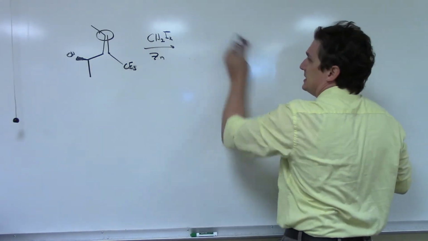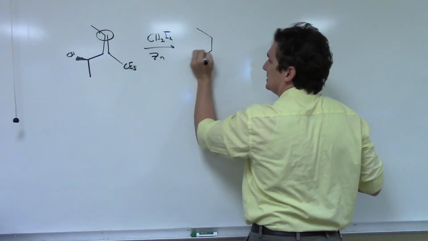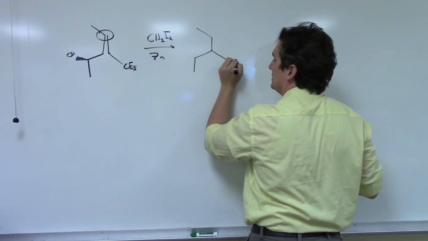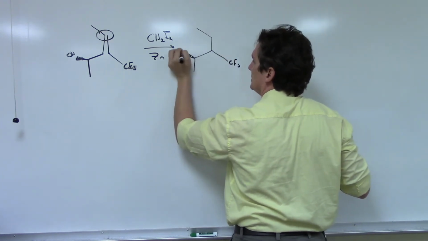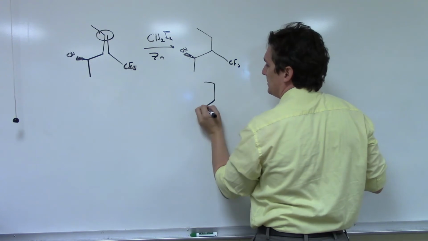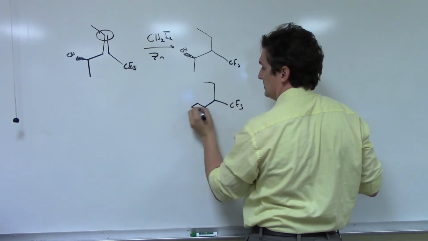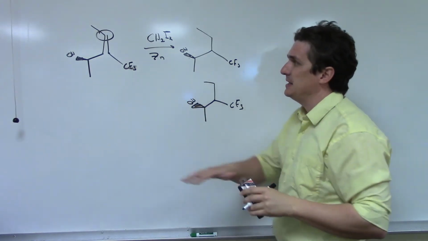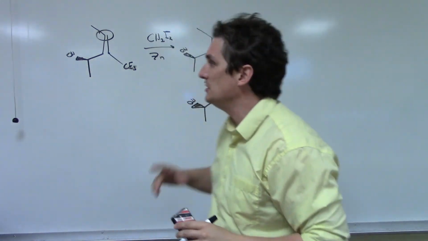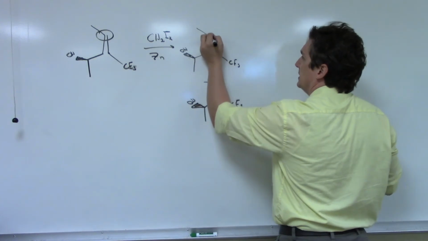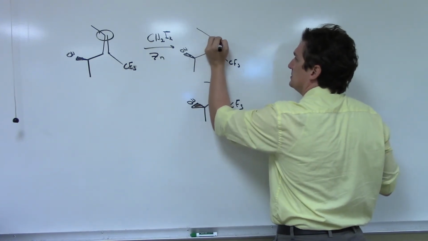But what I can do instead is I can just draw the starting alkene. And again, I'm recognizing I'm going to get both. So this still has the same RS configuration for the alcohol. Now when I want to draw on the cyclopropane ring, I can draw this as a wedge coming out.